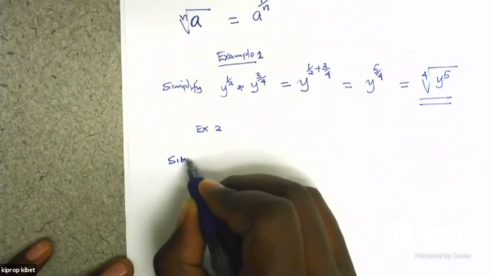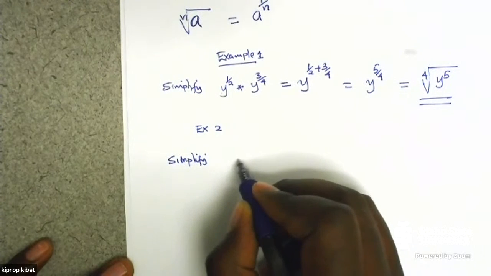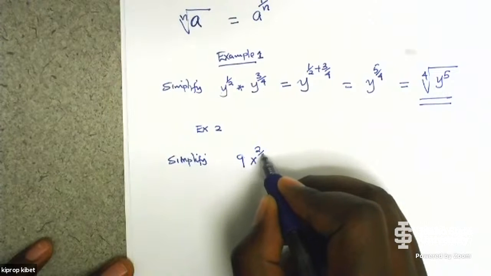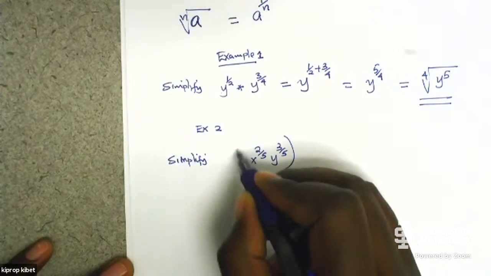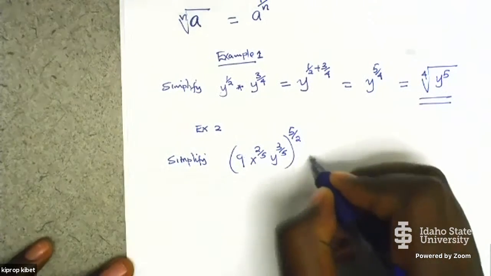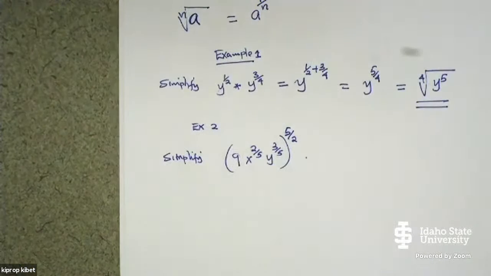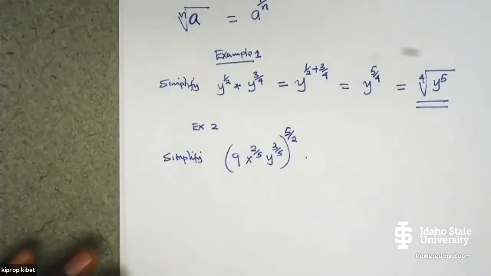Simplify (9x^(2/5) y^(3/5)) raised to 5/2. Now, this is almost similar to the one you were doing. Also using properties in section 5.1, we can distribute the power to each one of them.